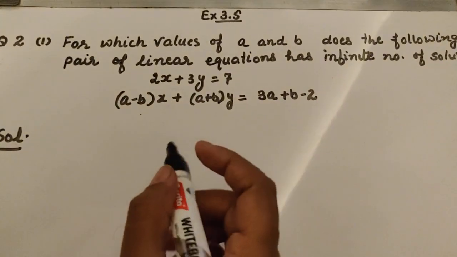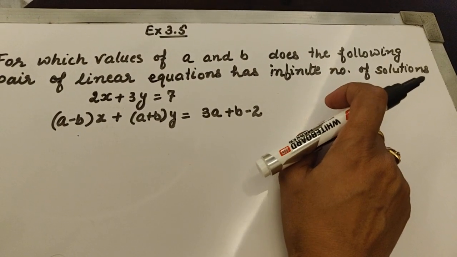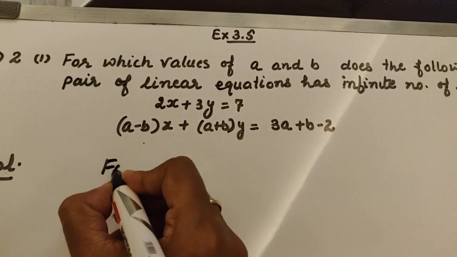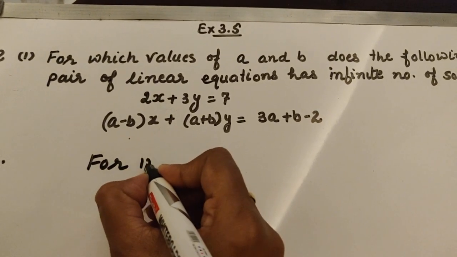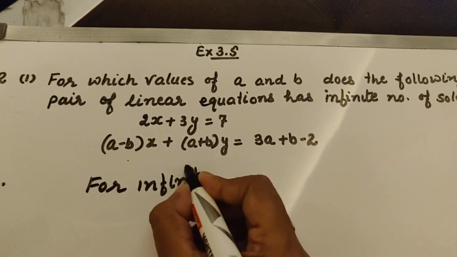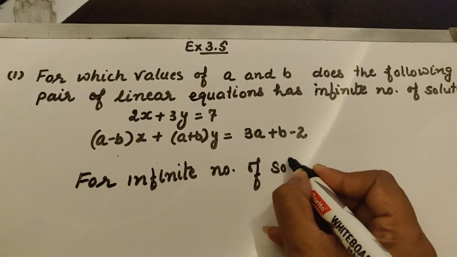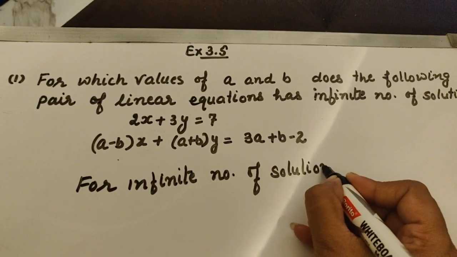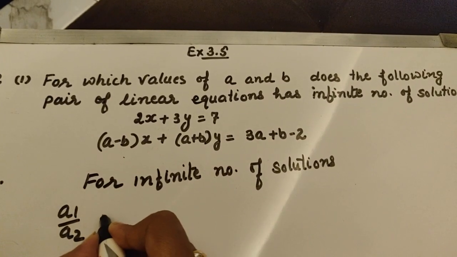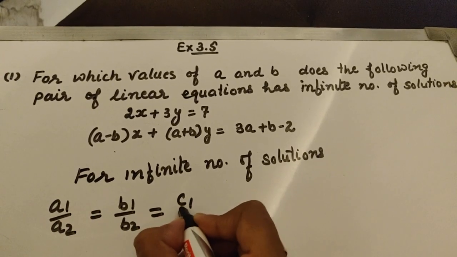Now first of all you understand how we have to start it. First of all we have to look at the condition. Here the condition is infinite number of solutions. So we will start for infinite number of solutions: A1 upon A2 is equal to B1 upon B2 is equal to C1 upon C2.